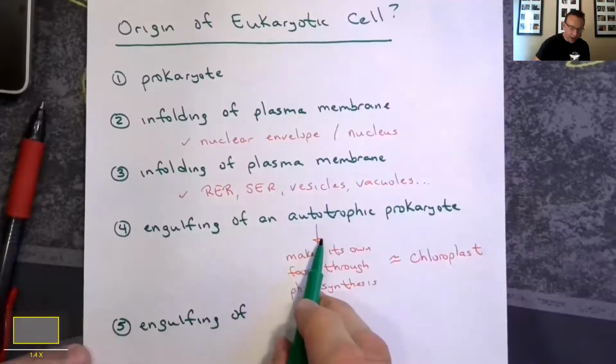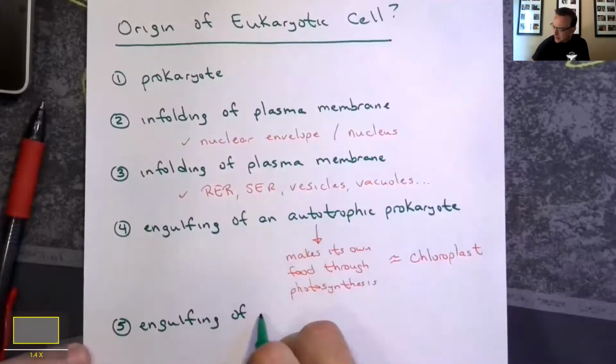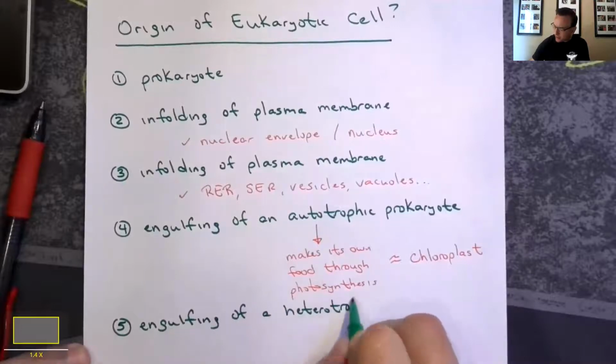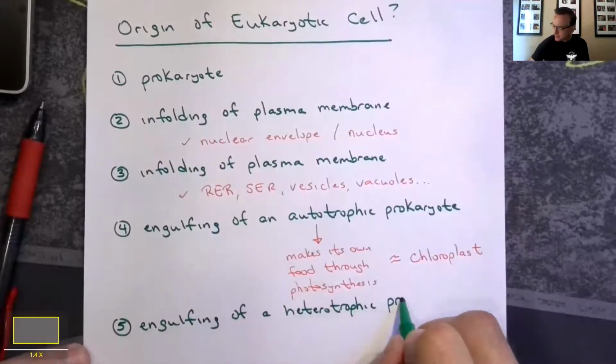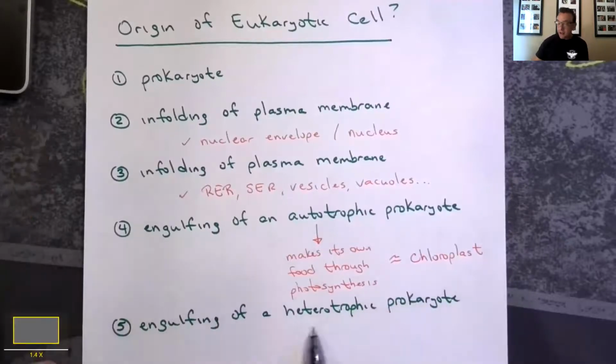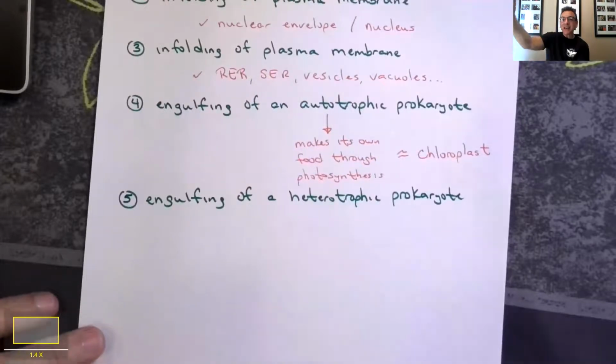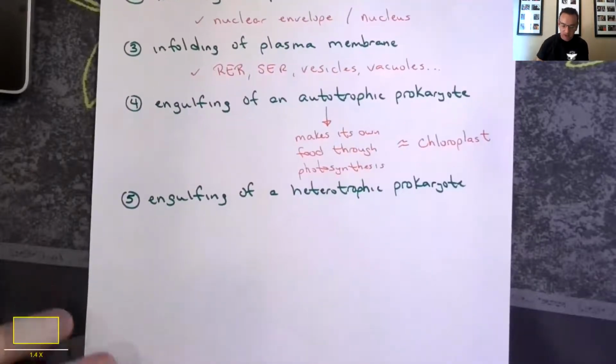Right? Then you have step 5, which would then be the engulfing, not of an autotrophic prokaryote, but of a heterotrophic prokaryote. So hetero meaning other, troph meaning feeding. So these organisms feed on others. Okay, they get their energy externally and they take it in by consuming. Right.